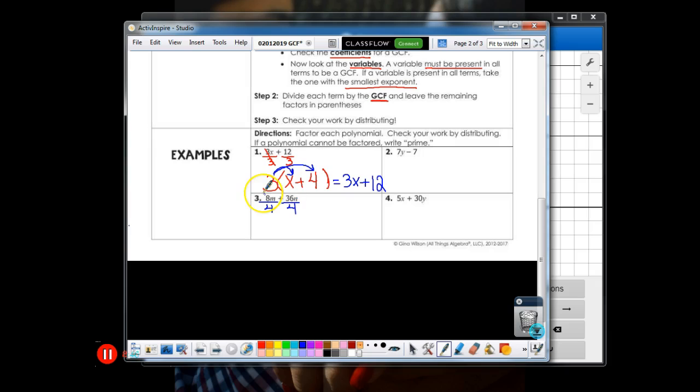So I'm only dividing by a 4. Okay, so 8 divided by 4 would be 2. And then 36 divided by 4 would be 9. And then I'm multiplying that by now my GCF, which is 4. And to check your answer, again, you distribute. So 4 times 2m would be 8m.